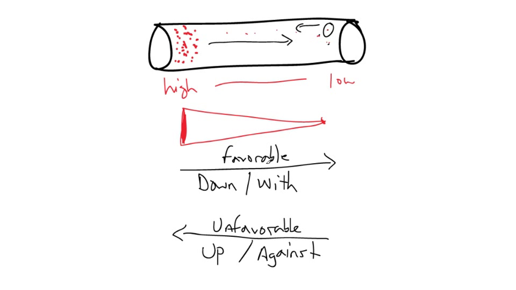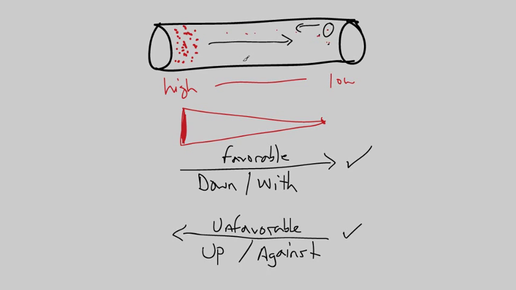So going down or with the concentration gradient is a passive process that happens through diffusion. Going up or against the concentration gradient is an active process, because we have to physically take the molecule and move it where it doesn't want to go. Understand the terminology of concentration gradients, because it will help you when dealing with the epithelial cell question that we did in class.